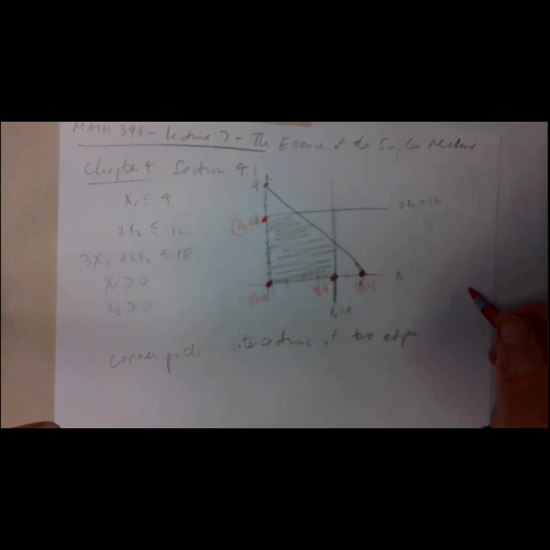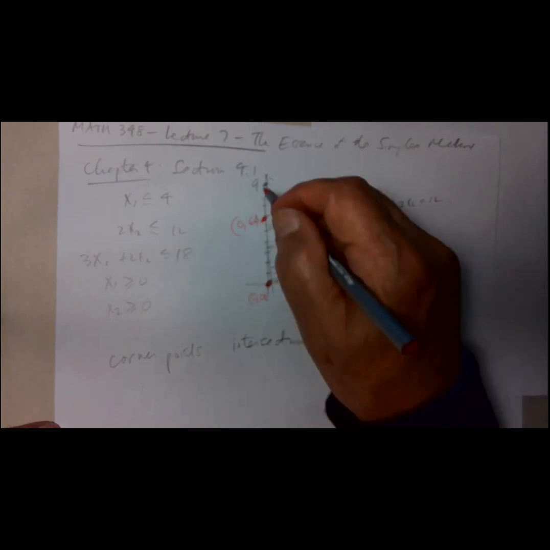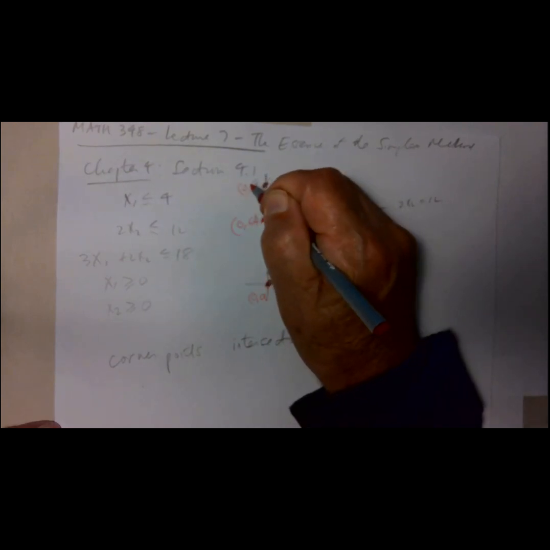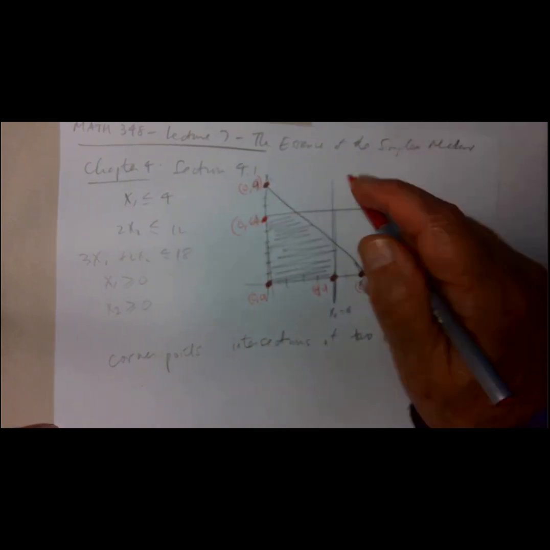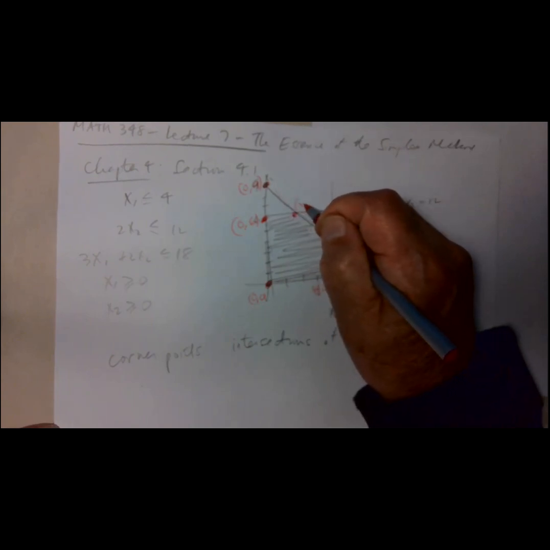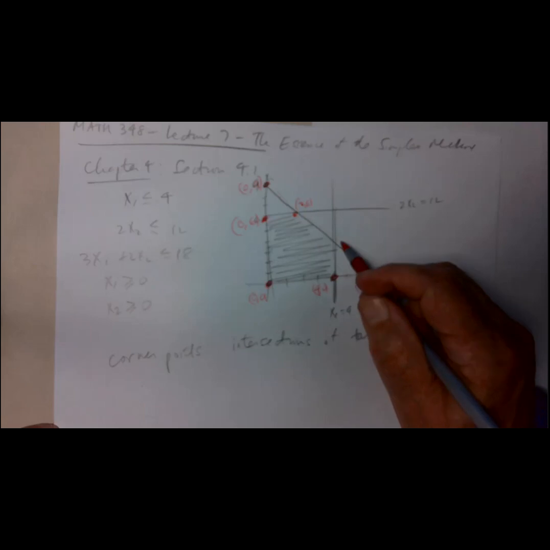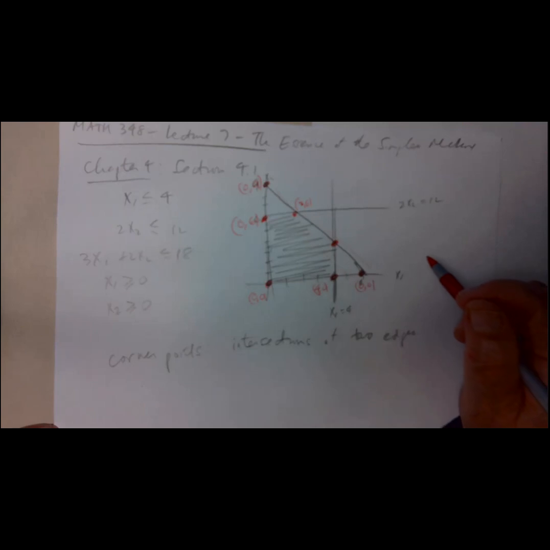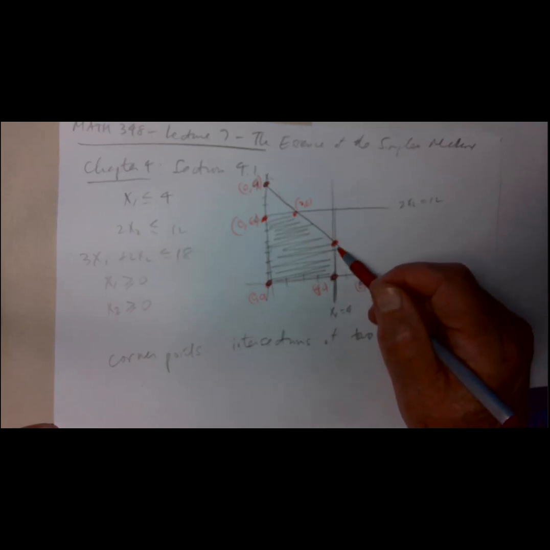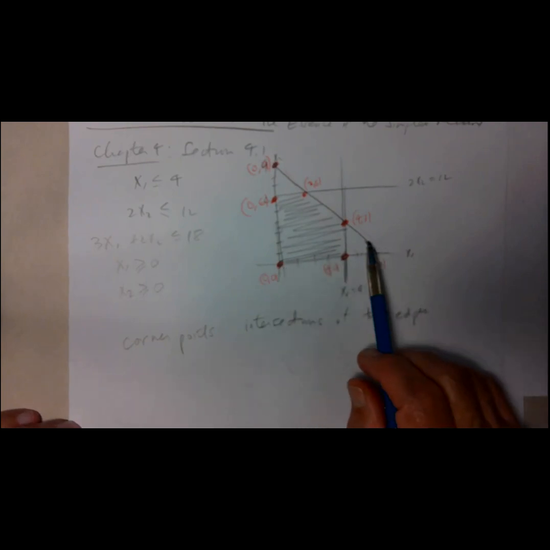If you take this line and this line, the intersection point is there, 0, 9. If you take these two lines, the intersection point is here, 2, 6. And if you take this line and this line, the intersection point is here, which is 4, 3. So these are the corner points. There are 1, 2, 3, 4, 5, 6, 7 of them.